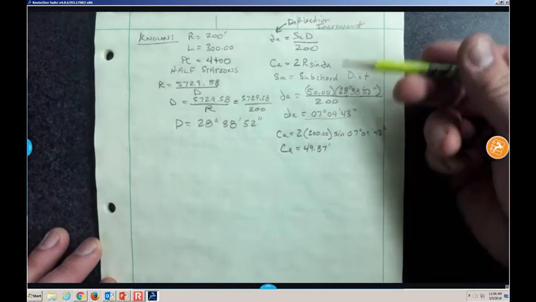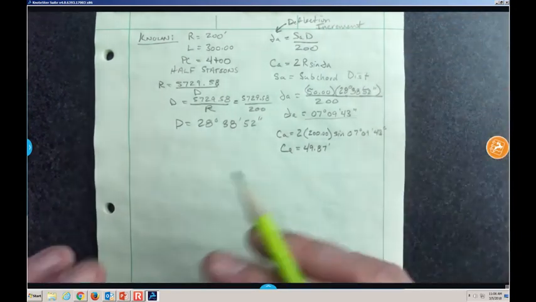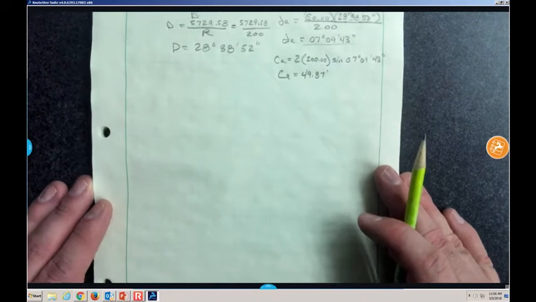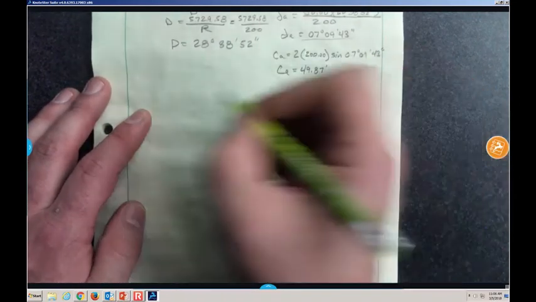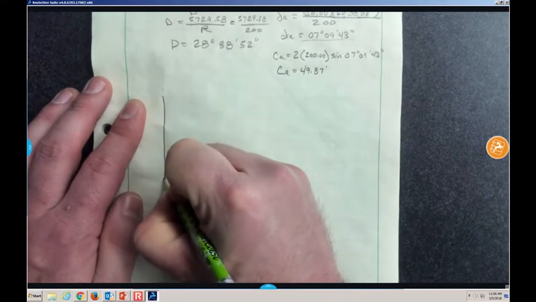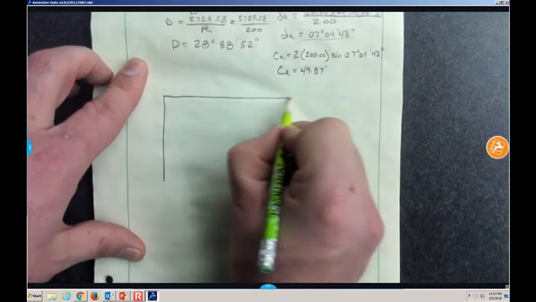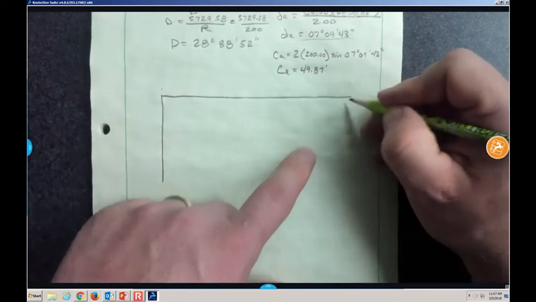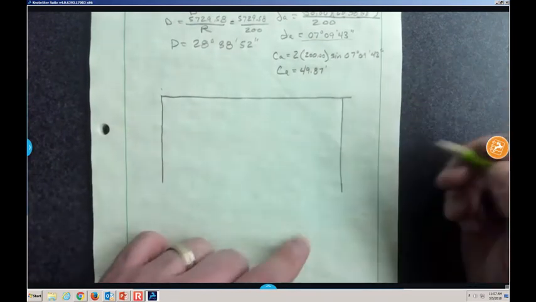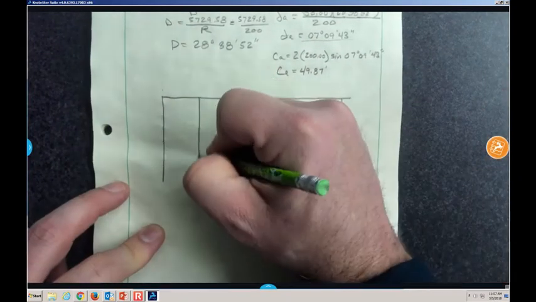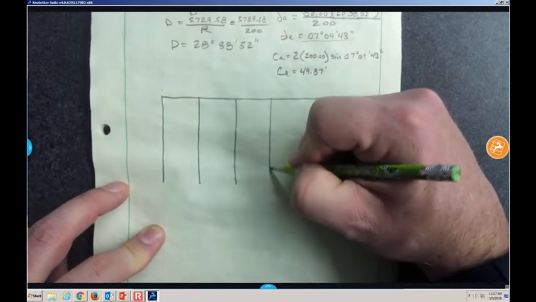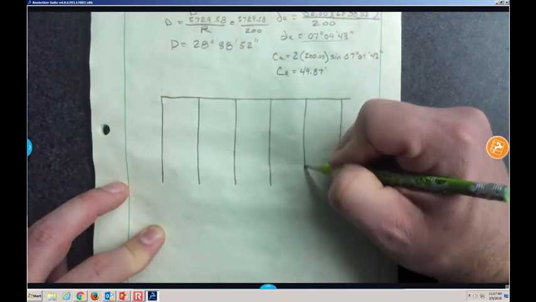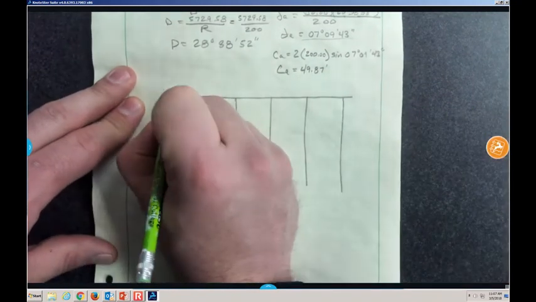So we got all of this information figured out. Now let's start a table. I like to put stuff in tabular format. So start up a table here. Okay, so my first thing that I set up over here is going to be the station.